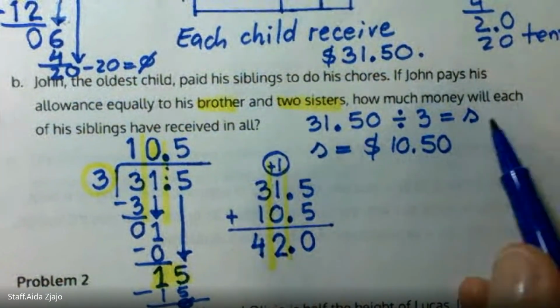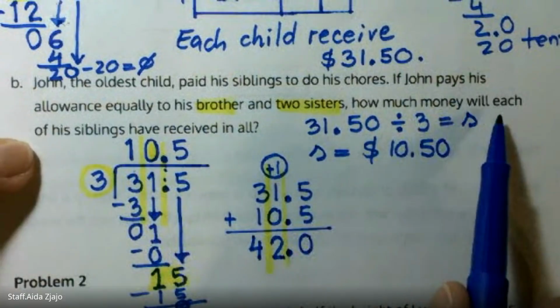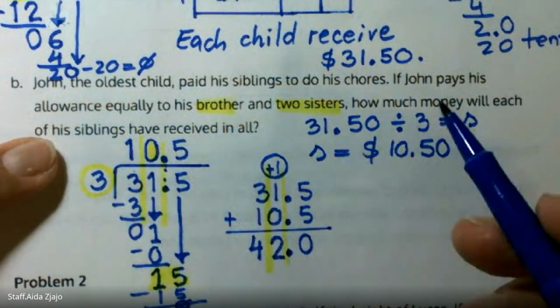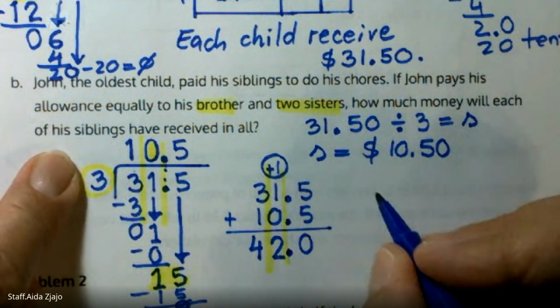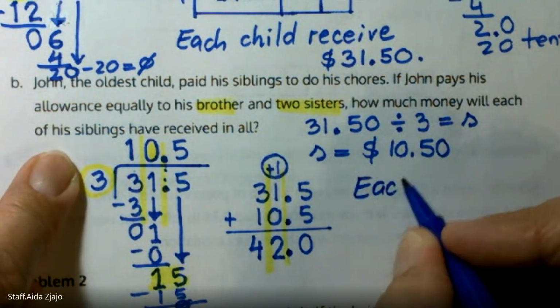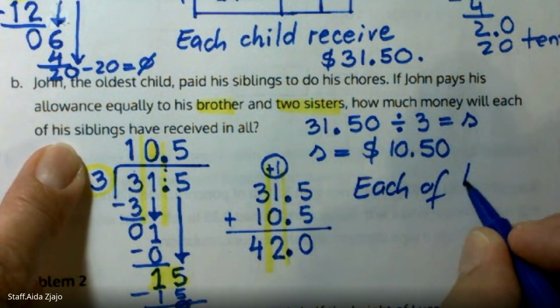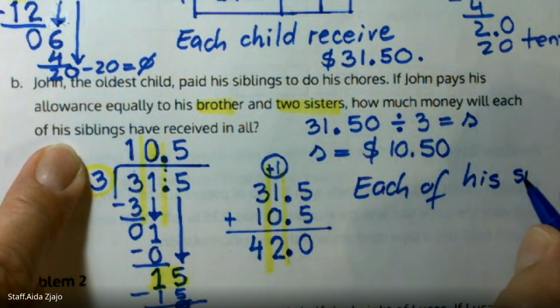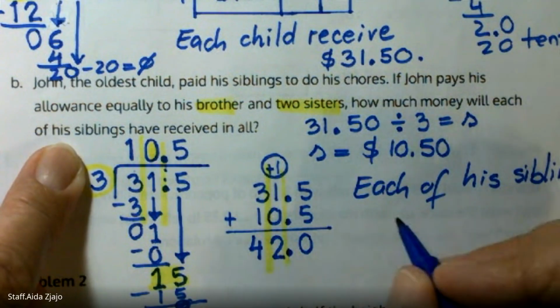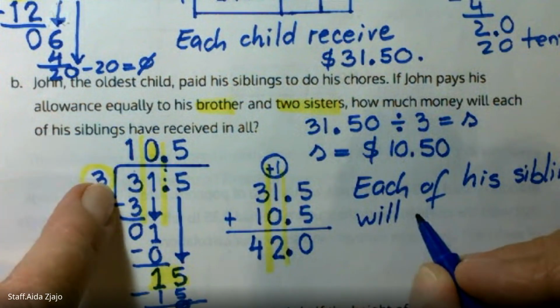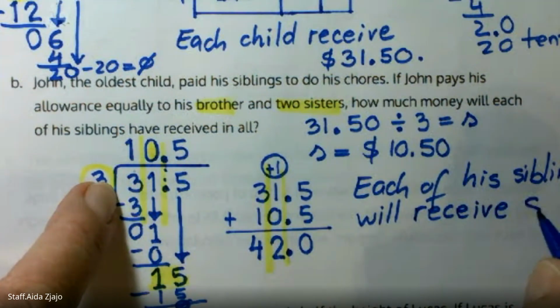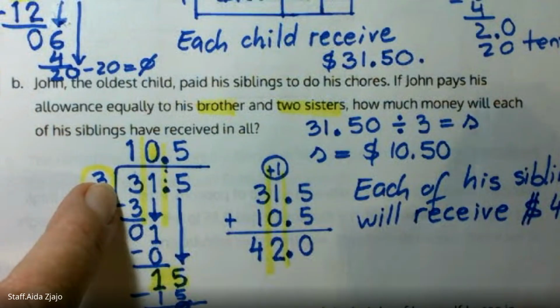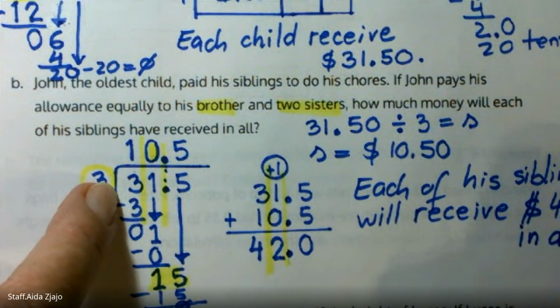So now how can we write it down? How much money will each of his siblings have received in all? Each of his siblings will receive $42 in all.